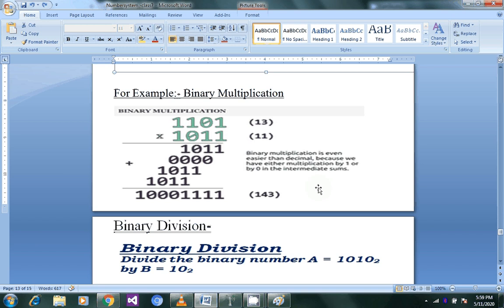When 0 is multiplied to the 1101, it gives the result 0 0 0 0. So when you add these numbers, you apply binary addition and you get the result 1 0 0 0 1 1 1 1, and when you convert this to decimal notation, it gives the result 143.